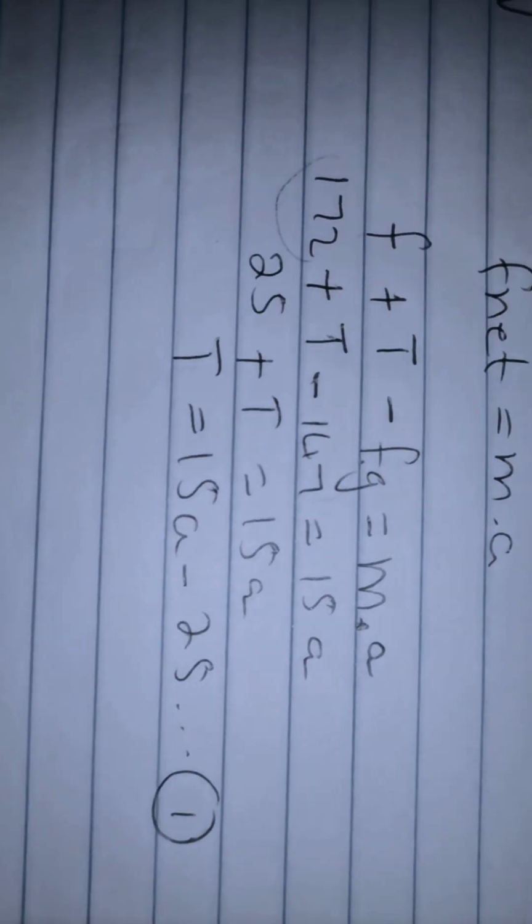Mg, which is 147. 147 is equal to 15a. Then 172 minus 147 is 25, plus tension is equal to 15a. Therefore, my tension is equal to 15a minus 25. This is my equation number 1. I hope we can literally see it.